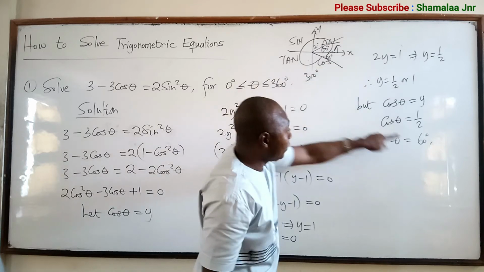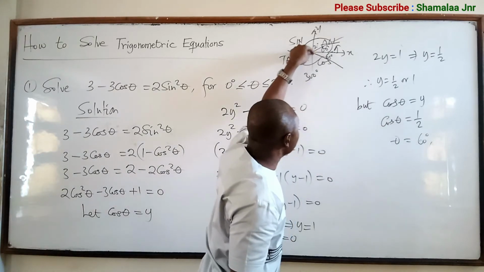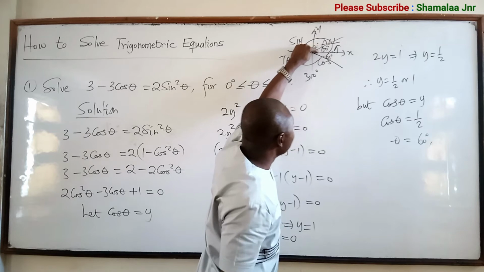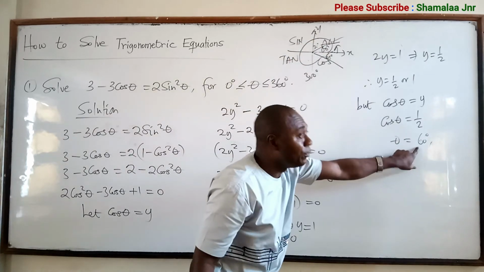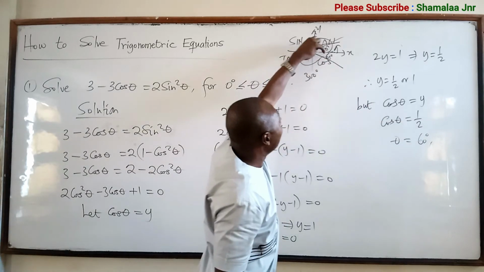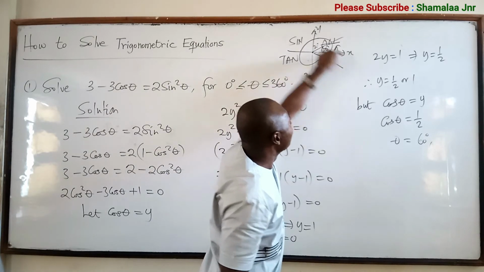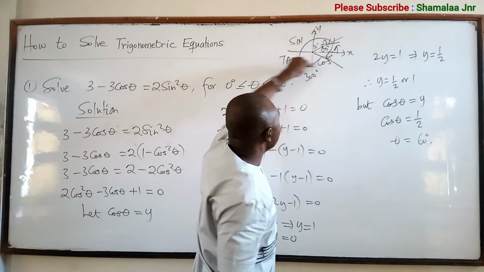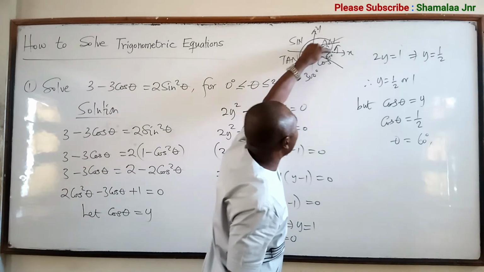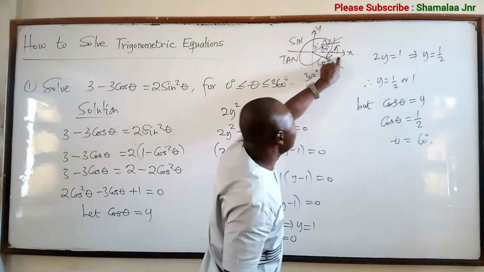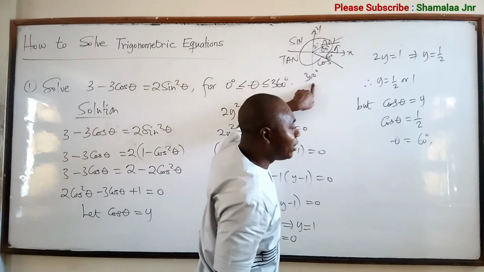Because the first one, this is 60 degrees. So this is giving us a clue that after getting this 60 degrees, you have another angle, which is making an angle of 60 degrees with the positive x-axis. So if it is 300, then from here to here is 360. You left 60. So the angle is 300 degrees.